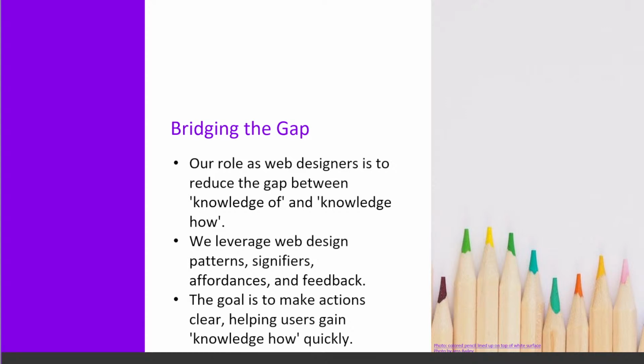So it's critical, so as not to frustrate our users, that we have these things in place, these signifiers, affordances, and feedback, that are training our users as they're walking through the site. It makes things intuitive.